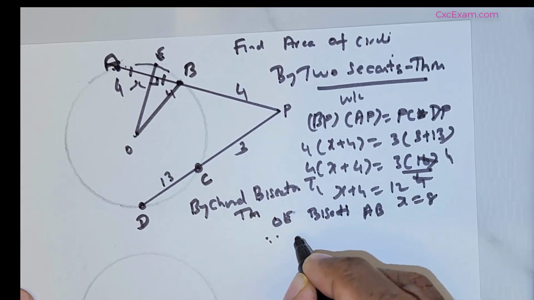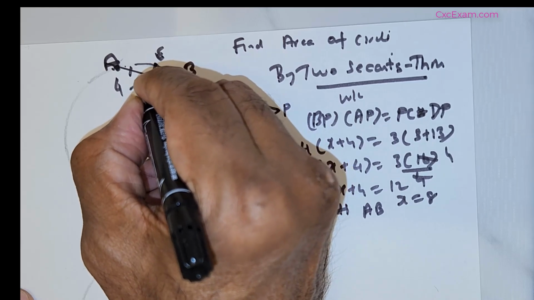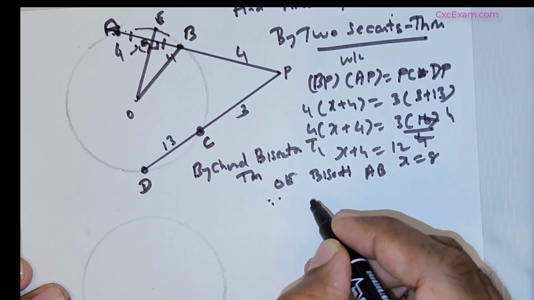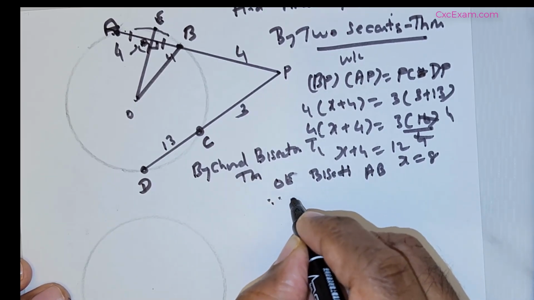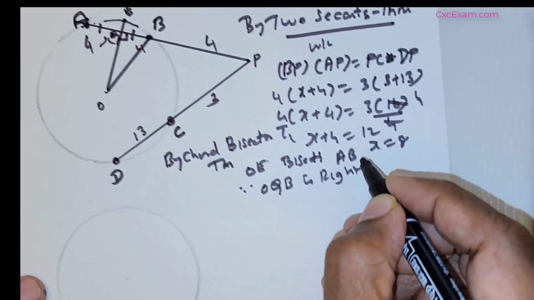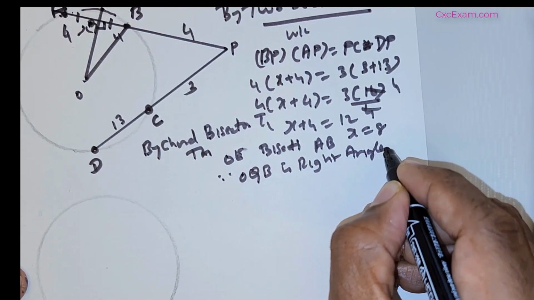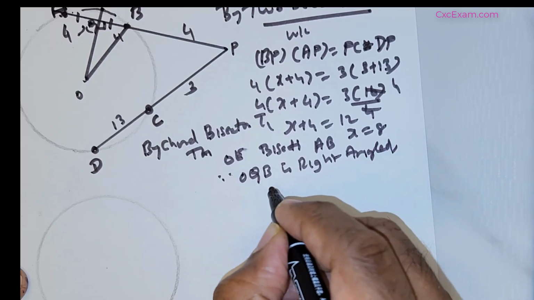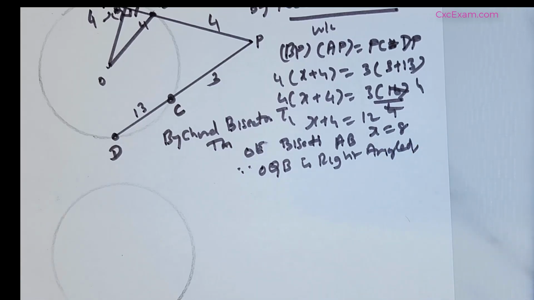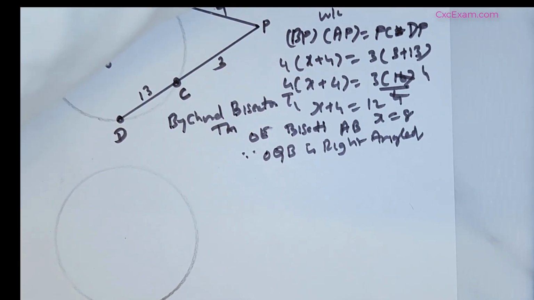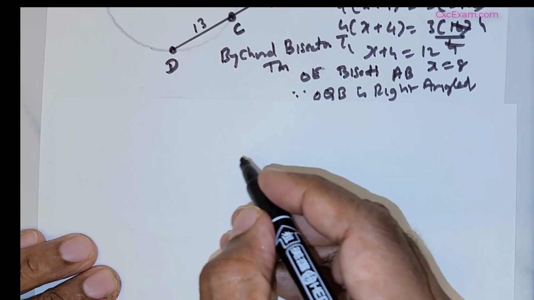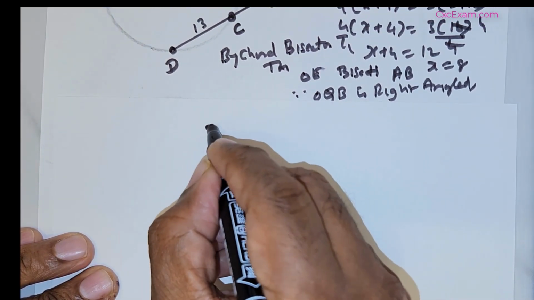So I'm going to take this point as some Q. Since OQB is right angled, we can use Pythagoras. So I'm going to use the next side of the paper here.